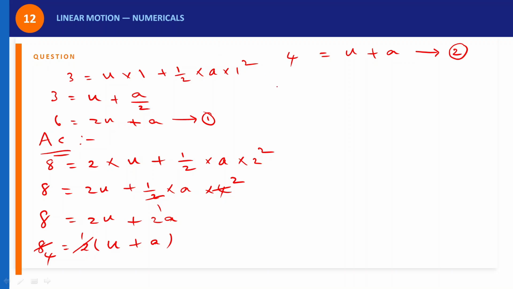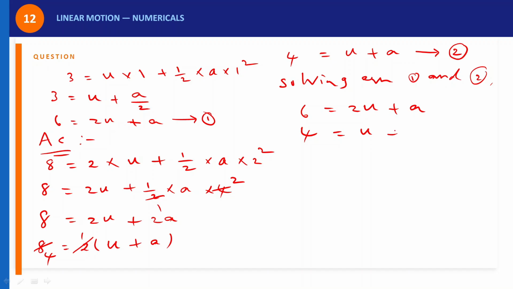Solving equations 1 and 2, we get, the first equation is 6 equal to 2u plus a. The next equation is 4 equal to u plus a.